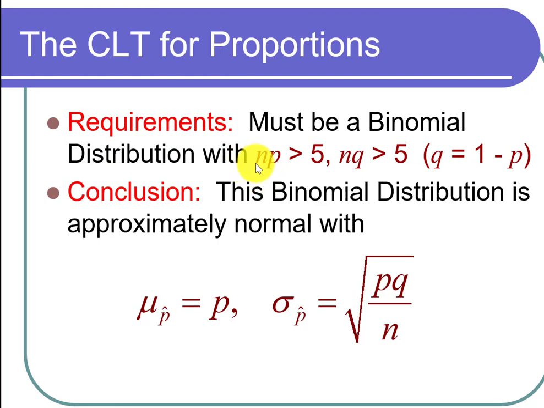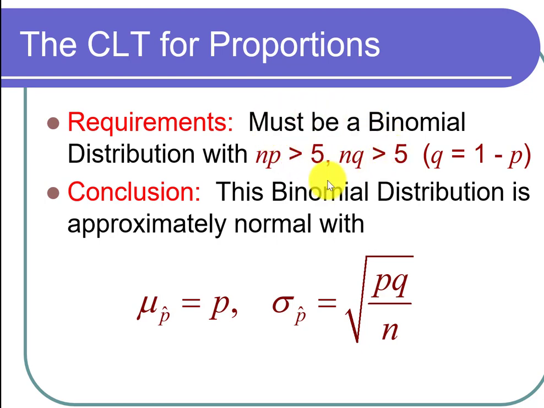Now we're talking about n times p must be greater than 5, and n times q must be greater than 5, where q is equal to 1 minus p. Just note, n times p, the sample size times the proportion of yes answers, is the number of yes answers. So you need to expect to have more than 5 yes answers, and similarly, n times q is the number of no answers, so you must expect to have more than 5 no answers.